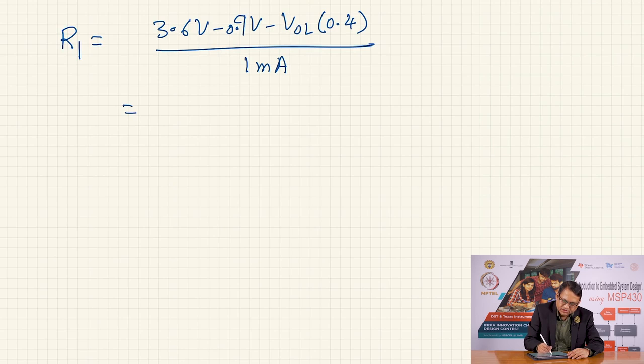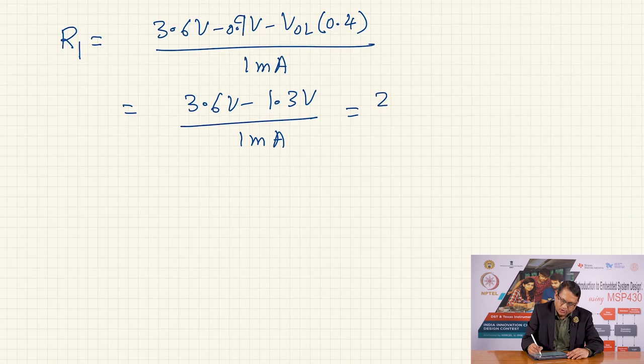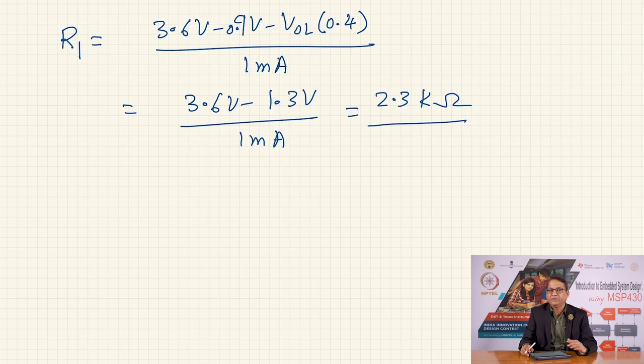Therefore, it is 3.6 volts minus 1.3 volts divided by 1 milliampere, and so this becomes 2.3 kilo ohm. So, the resistor value at the base has to be 2.3 kilo ohm to allow about 20 milliamperes of current through the LED.